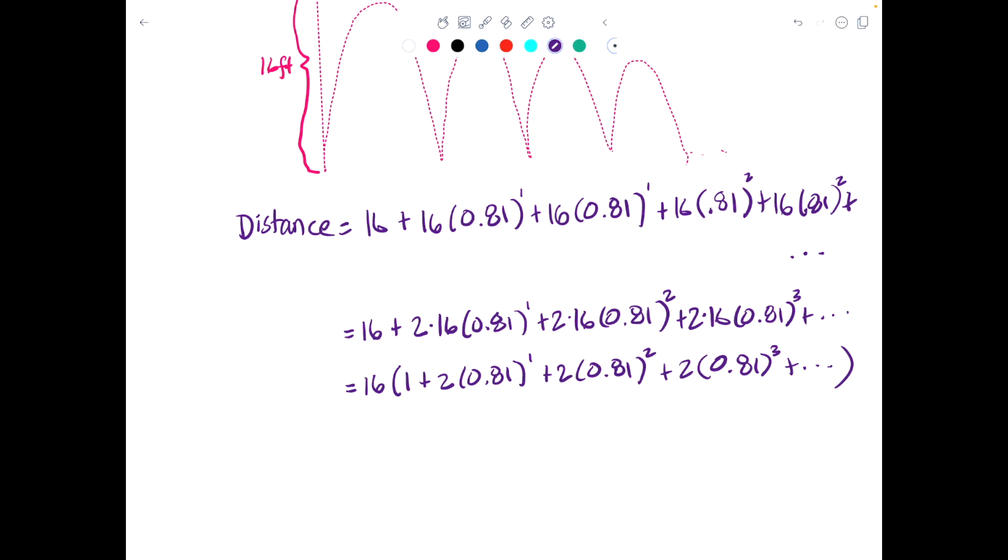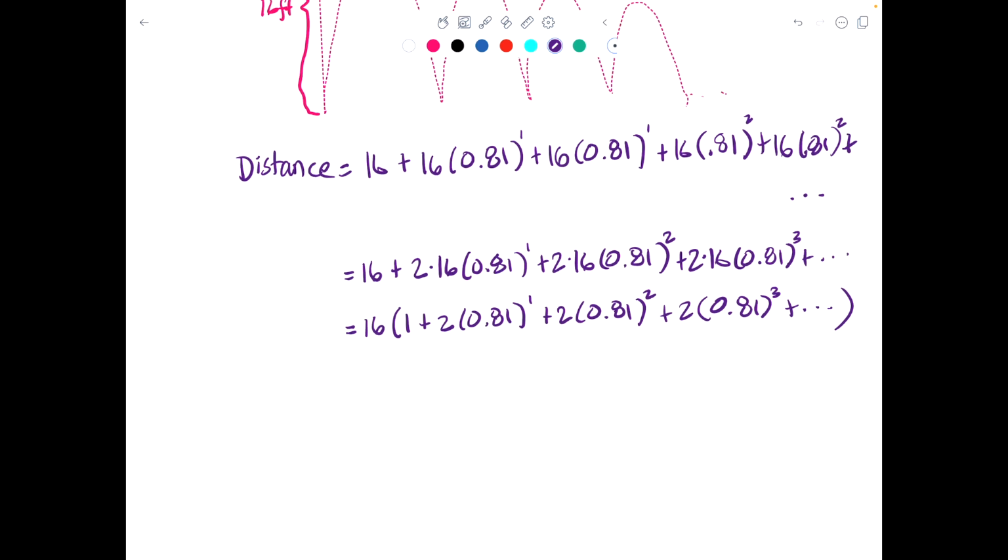So then 16 times 1 is just going to be the 16, because everything else has that 2. Do you see that? And then we're going to have plus a summation for the rest. So plus the summation from n equals 1 to infinity of 2 times 0.81 to the n.